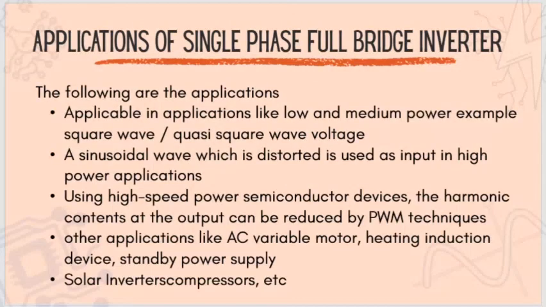These are the applications of a full bridge inverter. Number 1, applicable in applications like low and medium power, for example square wave or quasi-square wave voltage. A distorted sinusoidal wave is used as input in high power applications. Using high-speed power semiconductor devices, the harmonic contents at the output can be reduced by PWM techniques.